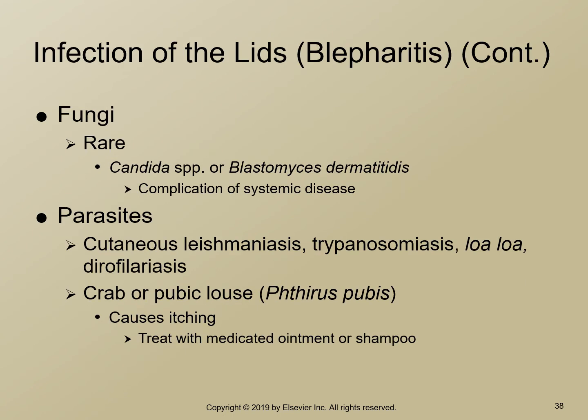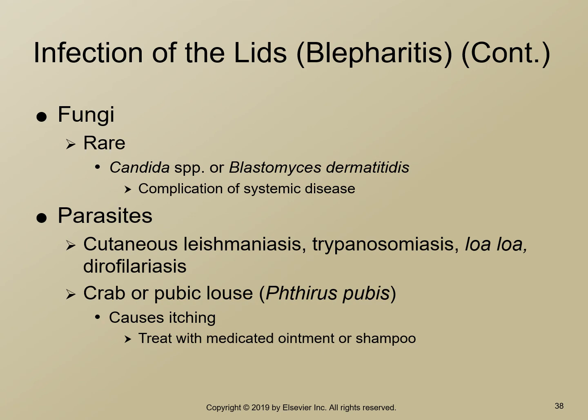Fungi can be a cause of infection of the eyelids, but these are more rare. The causative agents are typically Candida species or Blastomyces dermatitidis. But with these fungal infections, it's usually a complication of a systemic disease.